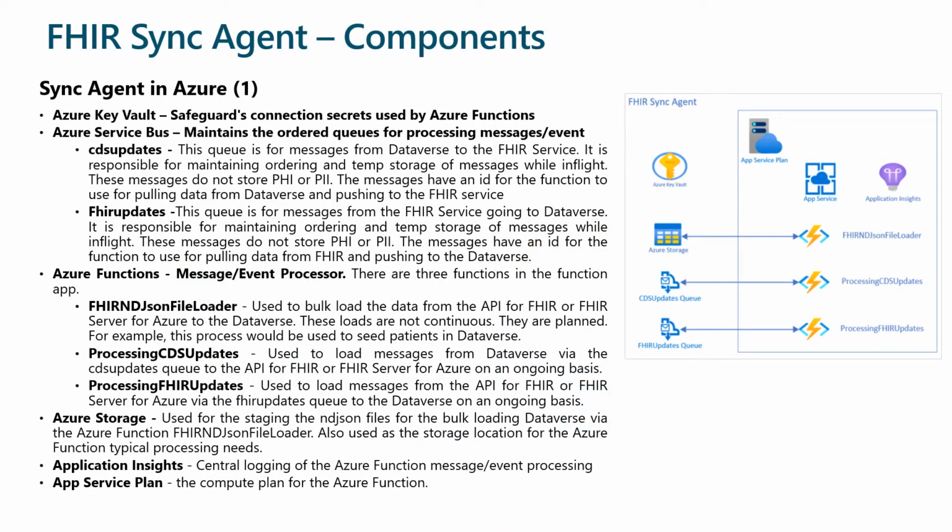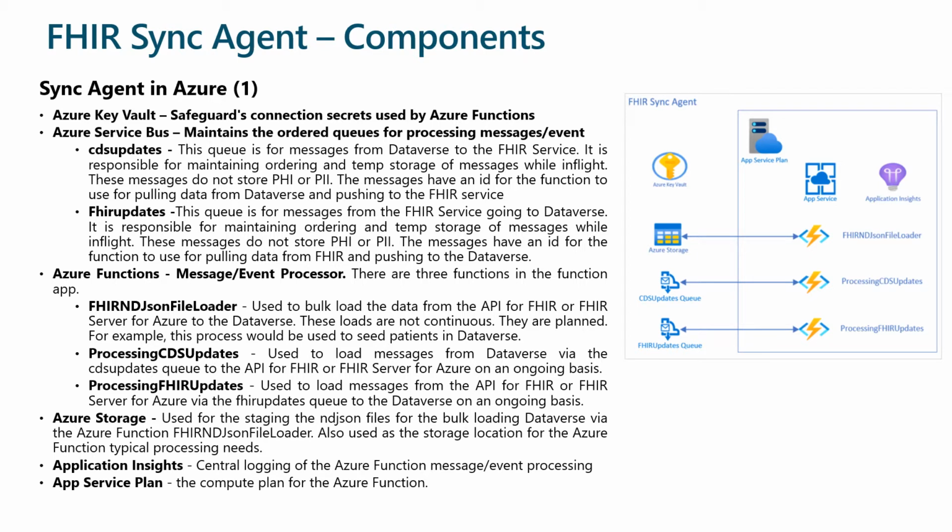Let's go through each of the FHIR Sync Agent components. The first component is the Sync Agent in Azure. It consists of the following resources. An Azure Key Vault, essentially to safeguard connection secrets used by Azure Functions. We also have an Azure Service Bus with two queues. One queue holds the messages coming from Dataverse, and the other queue, called FHIR Updates, holds the messages coming from the FHIR service going to Dataverse.